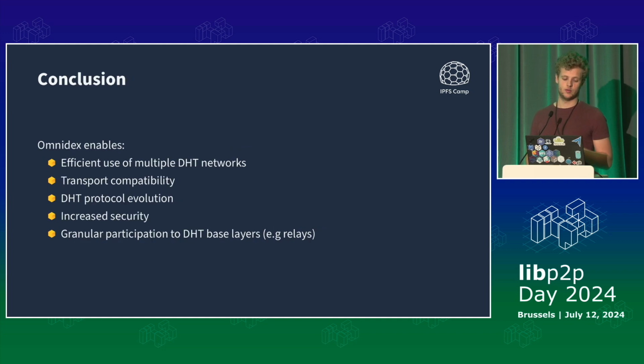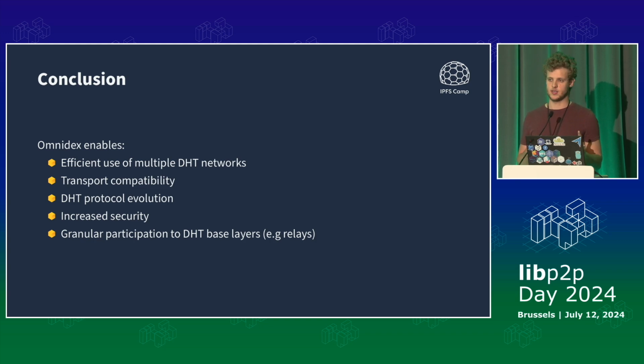Yeah, and so to conclude, Omnidex, the name of the concept, enables an efficient use of multiple DHT networks at once, and breaks down the big DHT networks that we currently have into multiple smaller sub-DHT networks. It solves a lot of transport compatibility issues and protocol evolution issues.